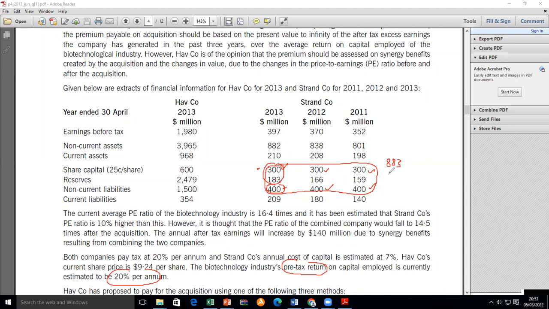The next one is what? 700 by that. And the last one is what? What's the average of these figures? 869.3.